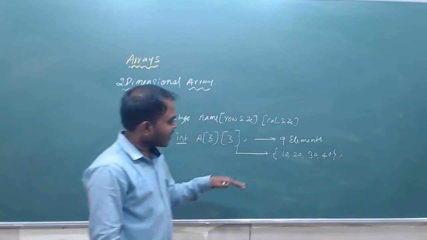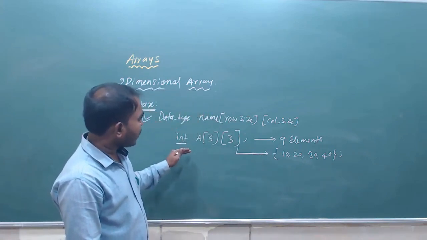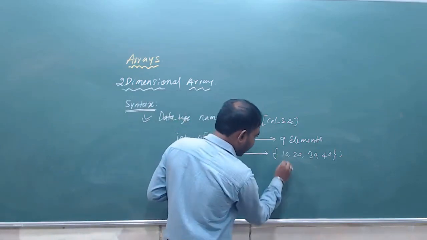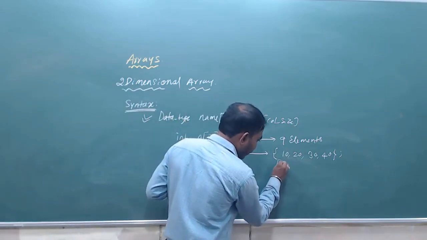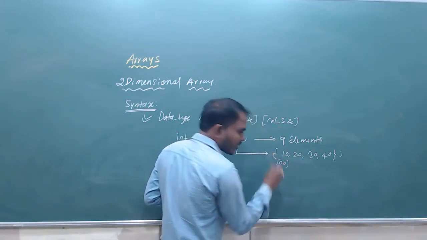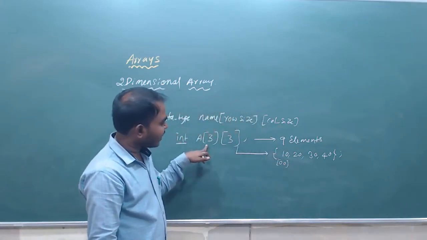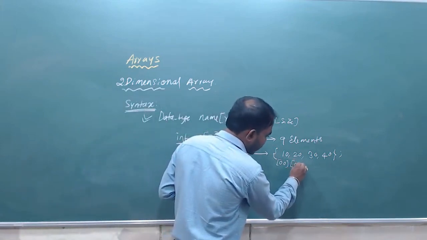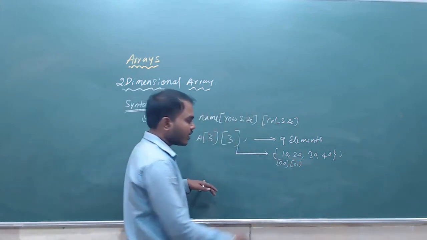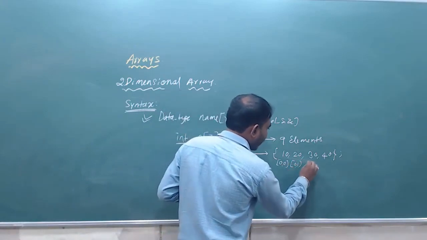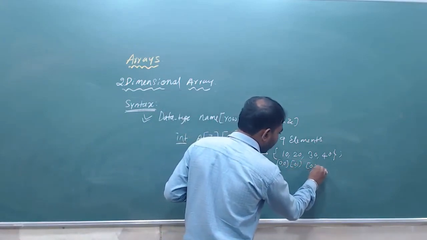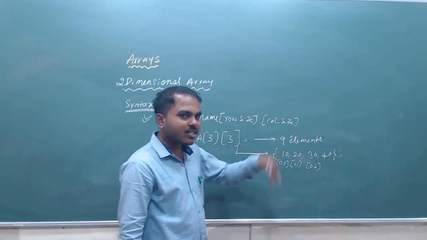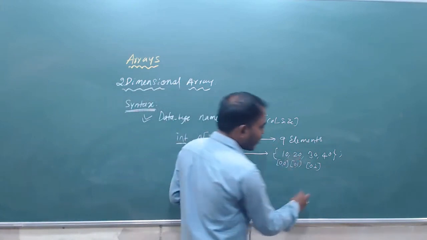So as I said, the elements will be stored row wise here. So 10 will be stored in first row, first column, right? So here 3 rows and 3 columns we have. So next, first row, second column. Next, first row, and this will be the third column. Okay, my first row completes. Next, I'll move to the second row. That is the 40.